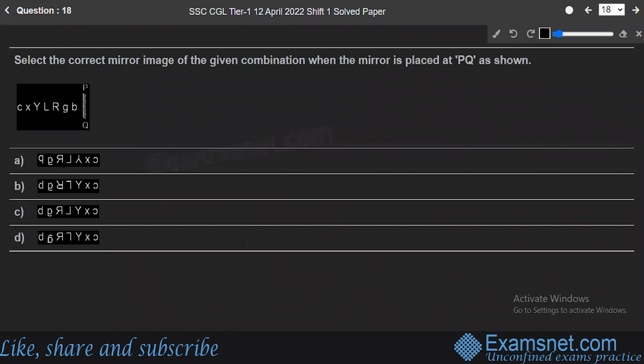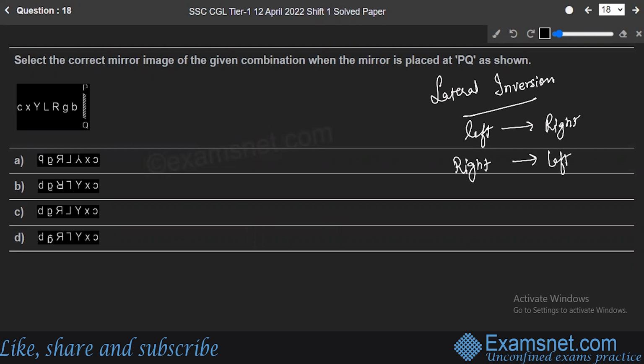Next, question number 18. You have to select the correct mirror image of the given combination when the mirror is placed at PQ position. So let's make it. You know, there is a lateral inversion when you are facing a mirror. What is lateral inversion? It means that the left of you appears to be on the right side of the mirror, and the right of you appears to be on the left of the mirror, right?